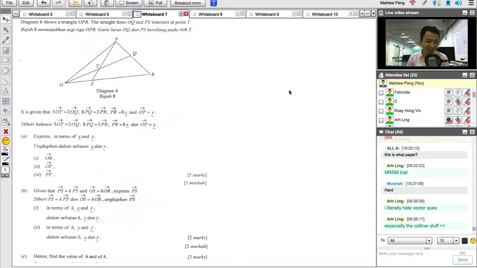Yeah, the collinear thing is actually just using the lambda to find a ratio. Collinear means the same as parallel in vector. Or you only use one formula to solve it.